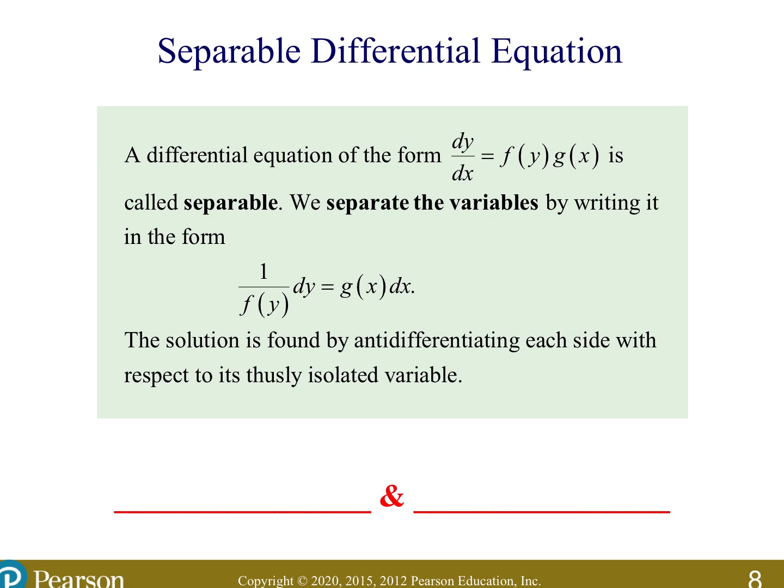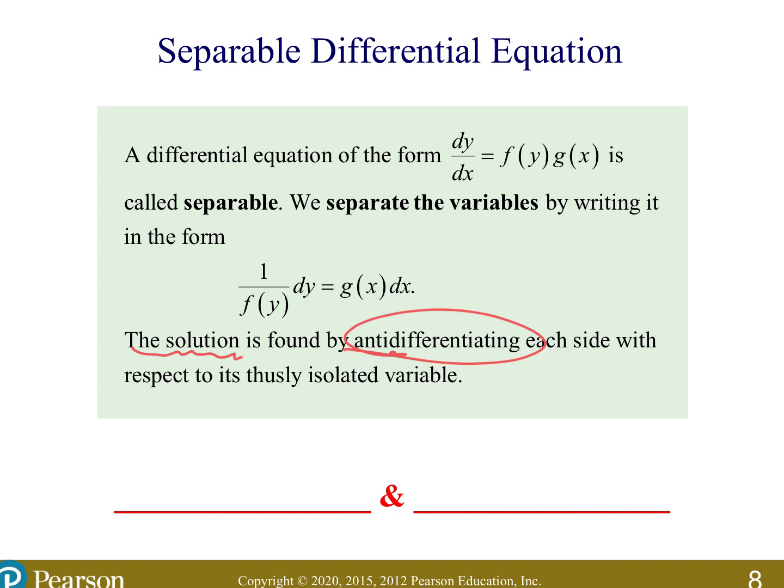A differential equation that comes in the form of a product is called separable. We separate the variables by moving all of the y's to one side and all of the x's to the other. The solution is found by anti-differentiating each side, and I love this, with respect to its thusly isolated variable. Isn't that a cool sentence?